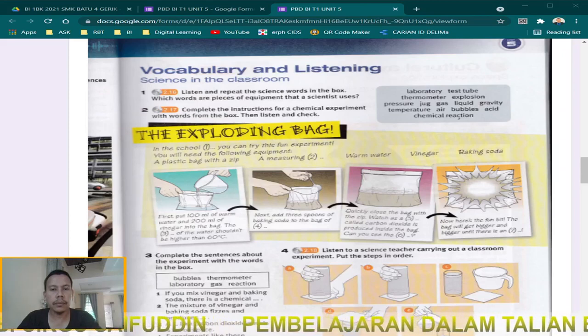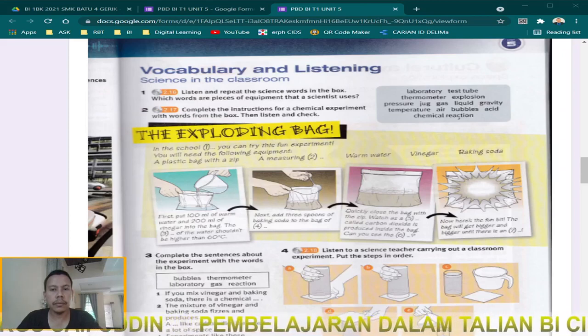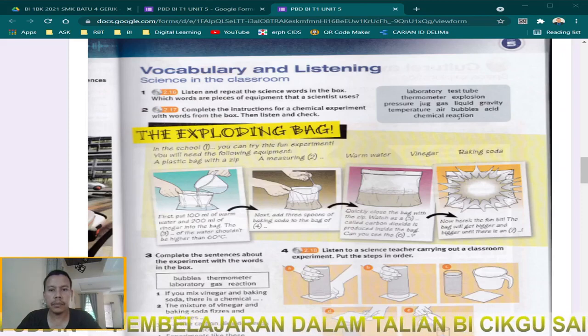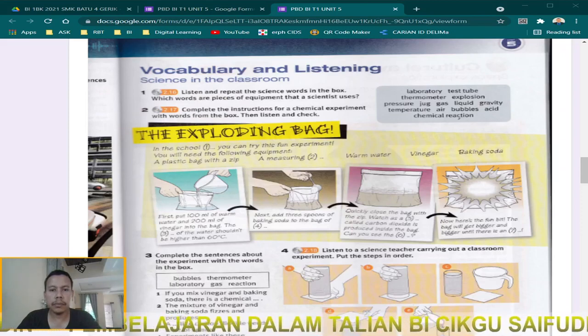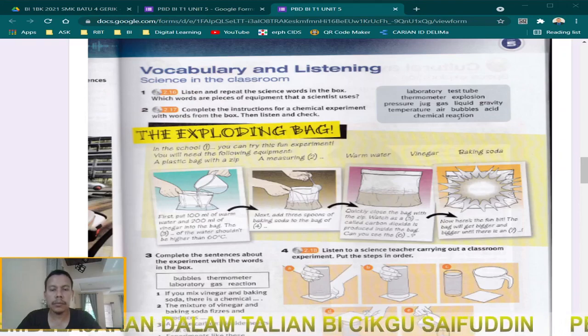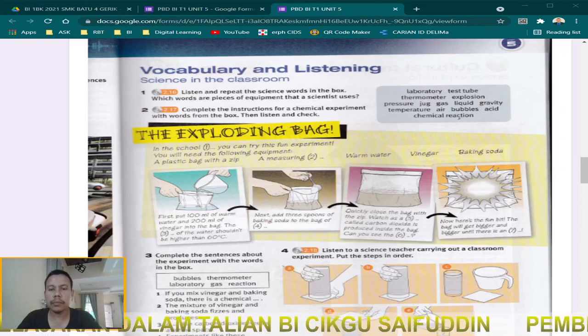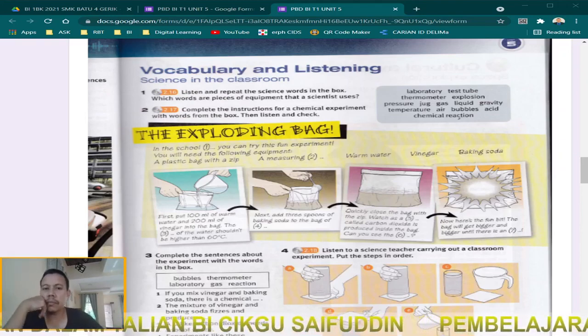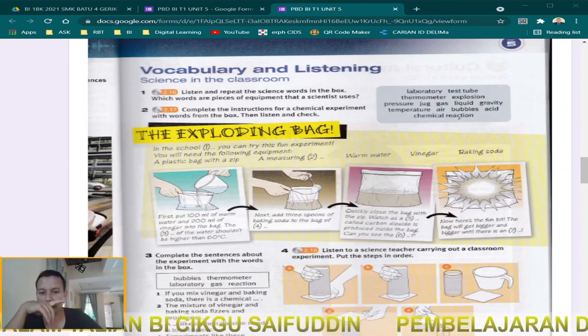First, put 100 milliliters of warm water and 200 milliliters of vinegar into the bag. The temperature of the water shouldn't be higher than 60 degrees Celsius. Next, add 3 spoons of baking soda to the bag of liquid.